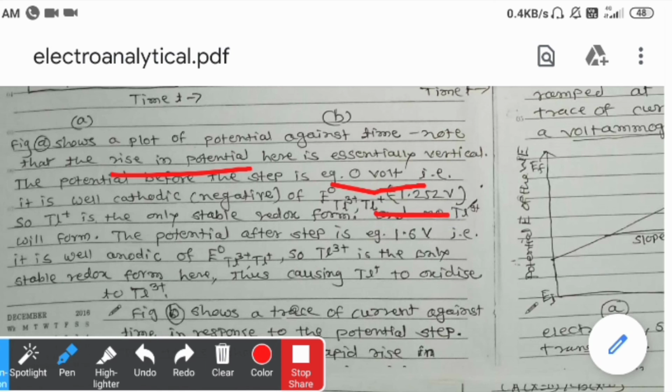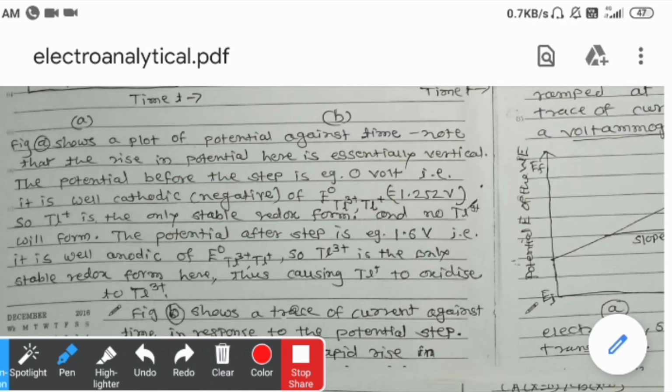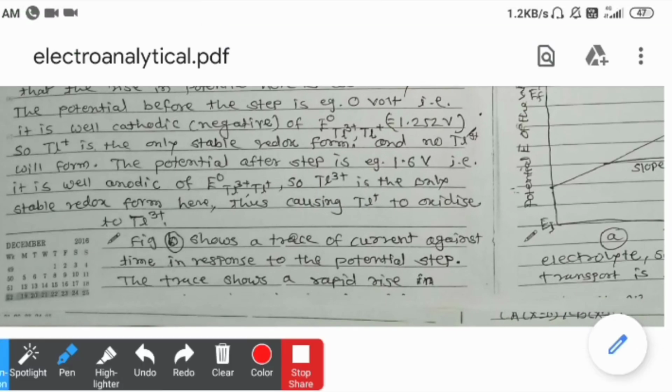So thallium plus is the only stable redox form, and once this sudden potential step occurs, at around 1.6 volt, it is well anodic. At that potential, around 1.6 volt, we get only thallium 3 plus in the stable form.